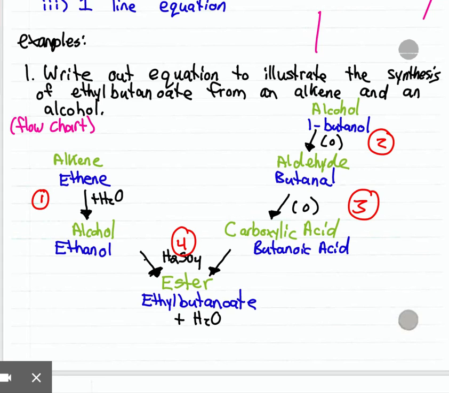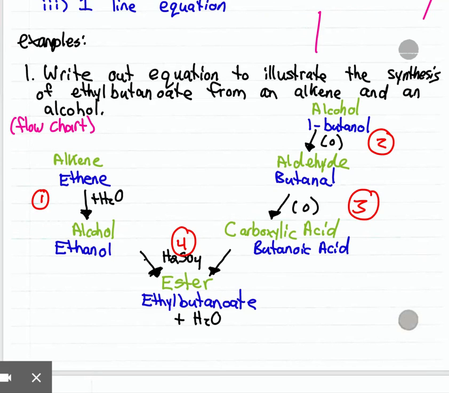This is where working backwards really helps, because you know from learning about esters that this ethyl butanoate has to come from an ethyl alcohol, an alcohol that's an eth-, and a carboxylic acid that comes from butane. So you know that you are going to have to have an alcohol and a carboxylic acid to make the ester.